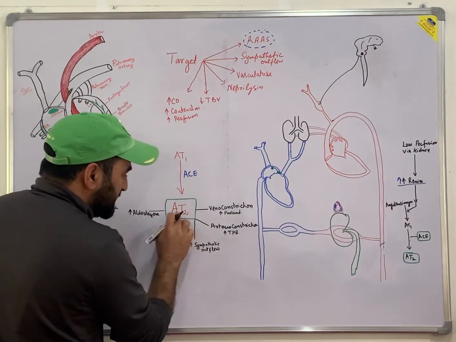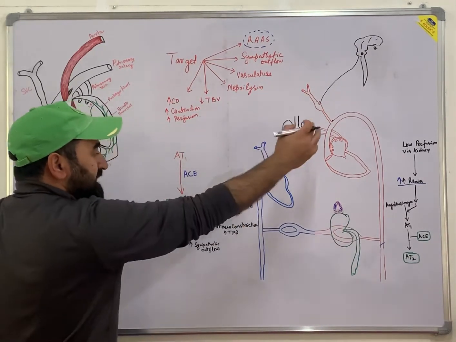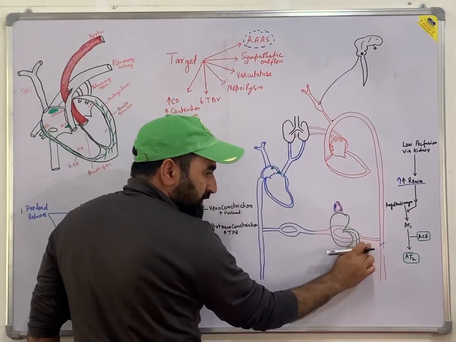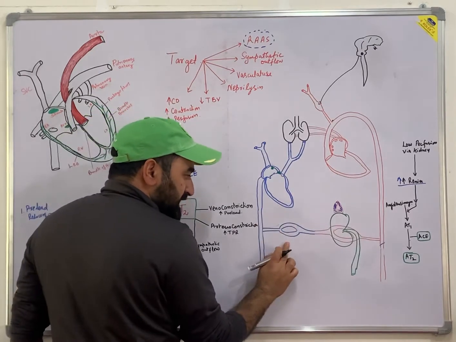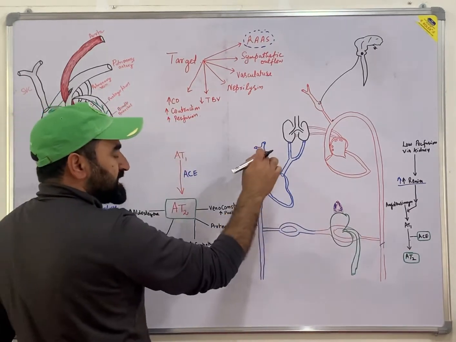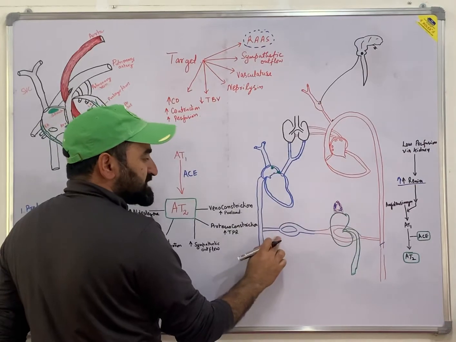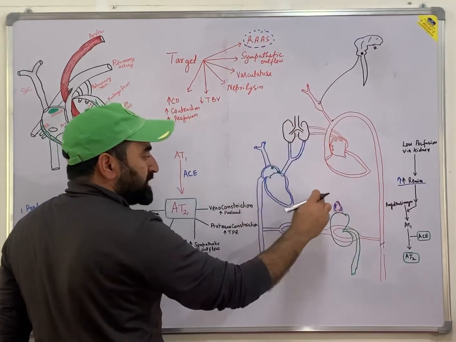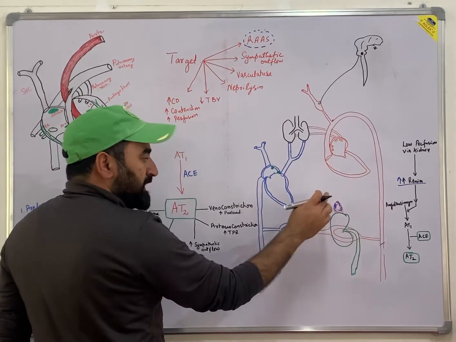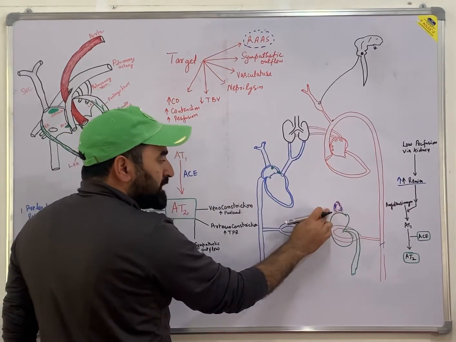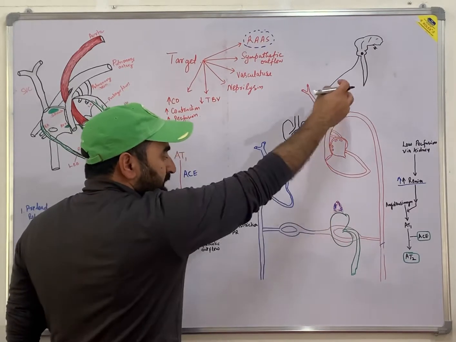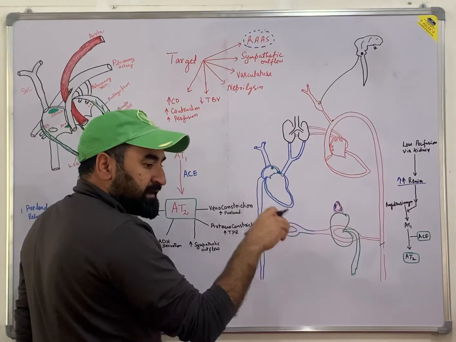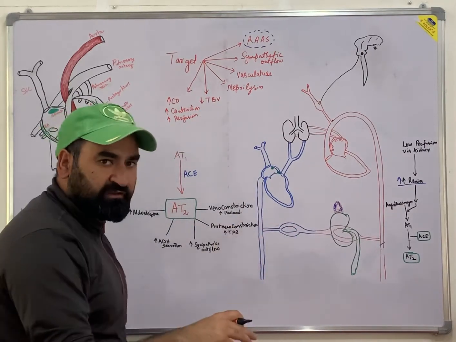Sympathetic outflow. That means AT2 increases the sympathetic outflow. It increases the arterioconstriction. It causes venoconstriction. One of the branches of the sympathetic goes to the adrenal medulla, to secrete the aldosterone. One of the branches goes to the JG cells where the beta 1 receptor is also present.